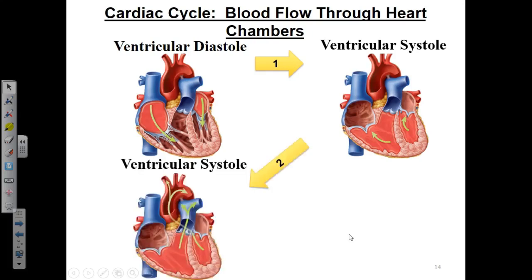So here we go from ventricular systole, which is really an isovolumetric contraction going on, where we have all valves closed but the pressure continues to go up, and eventually it goes to a point where it causes the semilunar valves to open by pushing blood through them. So here we have ventricular systole going on. In this case, we're actually ejecting blood from the heart now.